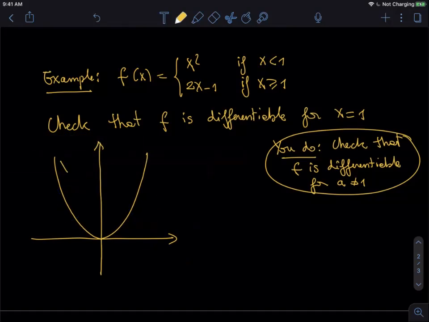And then we need the other part that is 2x minus 1. So it should be something like this. And it will touch somewhere here. So this is 1.